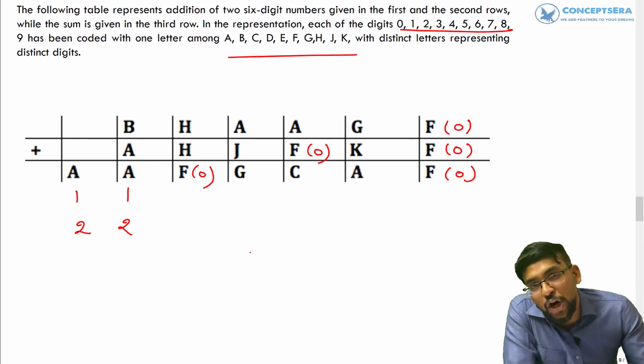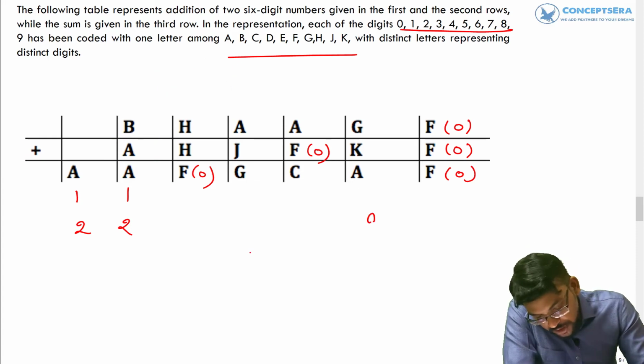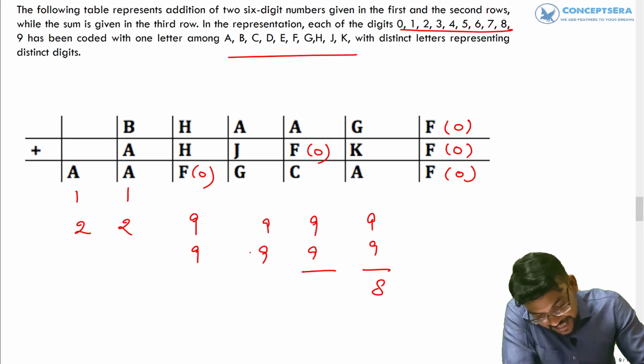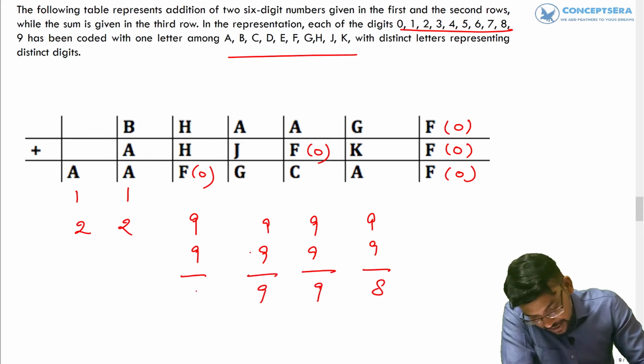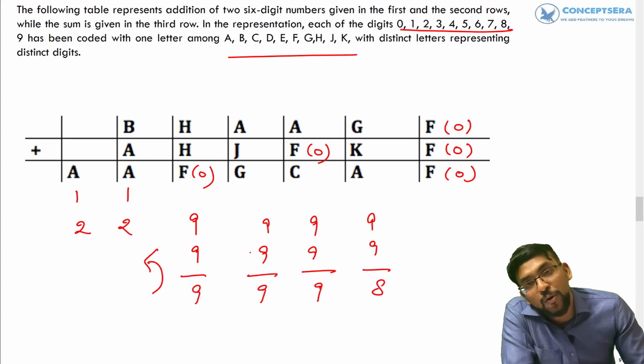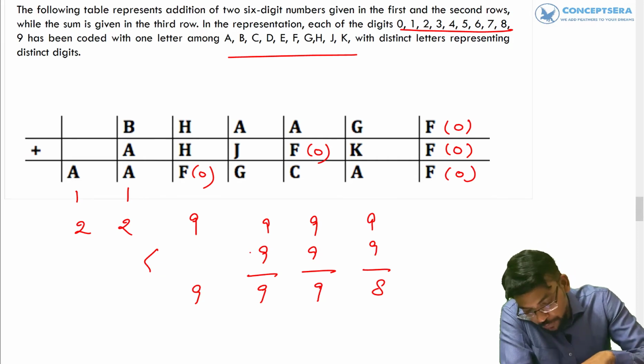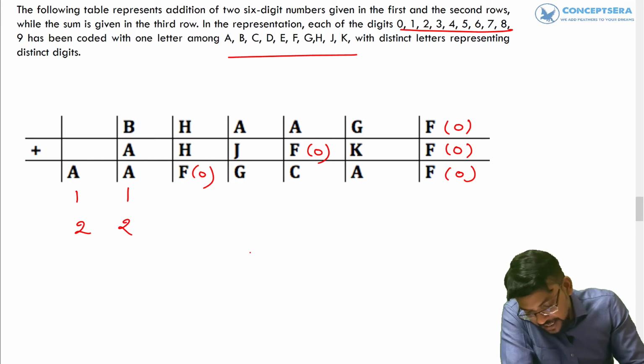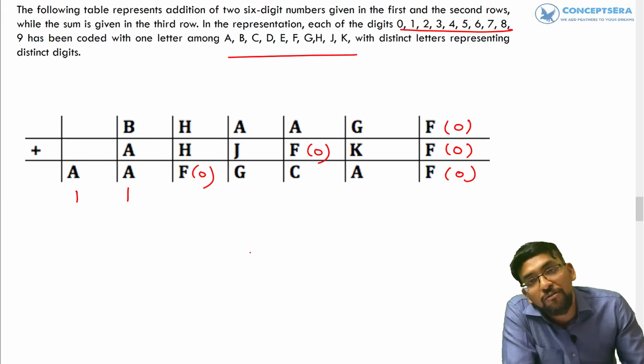Why can carryover not be more than 1? Because if we use the highest possible numbers at all these places, which is even though not possible, you can see 8, 9, 9, 9, and carryover will remain 1. So carryover cannot be more than 1. When carryover cannot be more than 1, we can never get 22 here. It means A has to be 11.